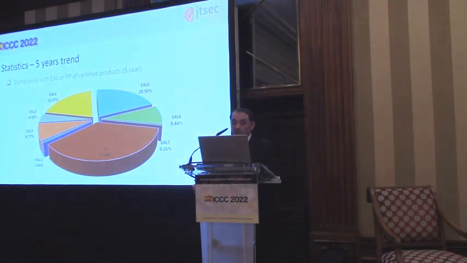Regarding compliance of certified products during the last 5 years, 35% of the certifications were PP compliant, which is the greatest percentage of all. It goes in the same line as the data that we presented the previous year.